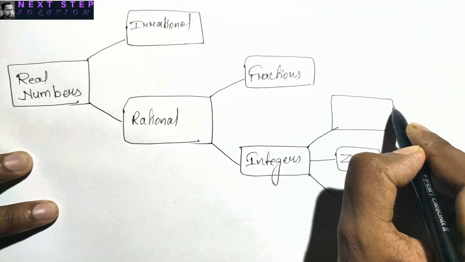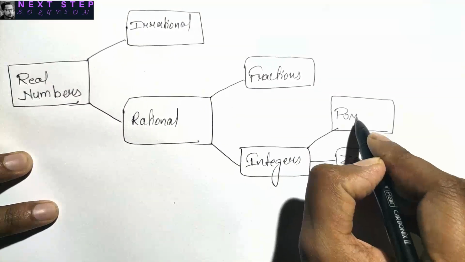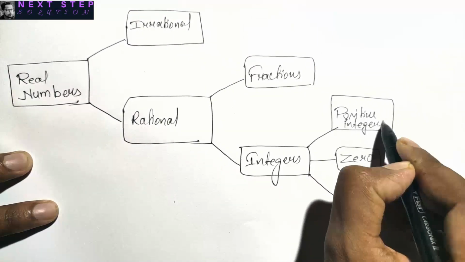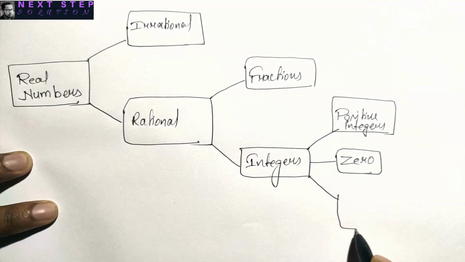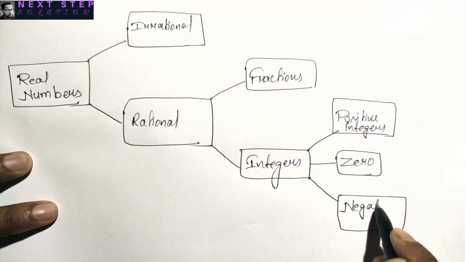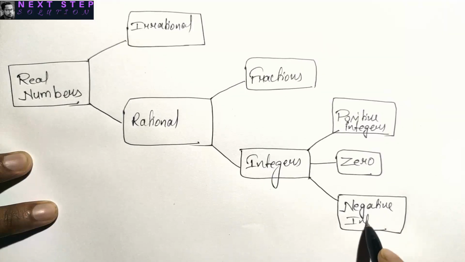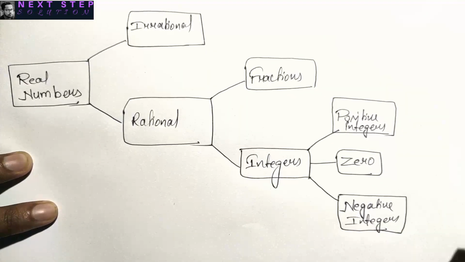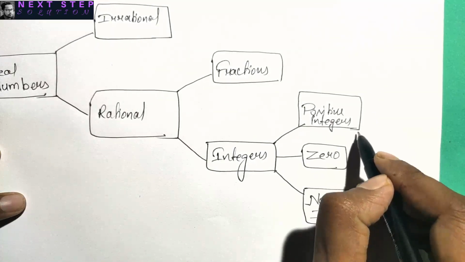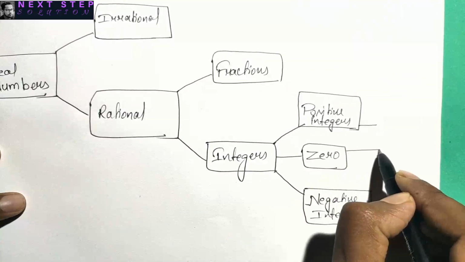Now one thing is positive integers and negative integers. Now, if we take positive and 0 together, then we get whole numbers.